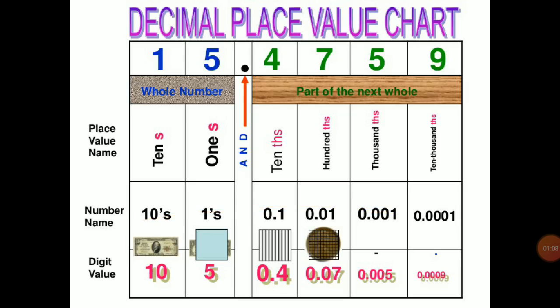Now here is the decimal place value chart. Here the black point is known as the decimal point, the green numbers indicate decimal places and the blue numbers indicate whole numbers. Here, 15.4759 is read as fifteen point four seven five nine.